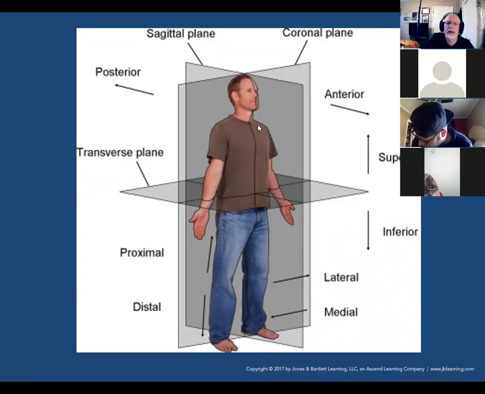Medial is toward the midline. We take that sagittal plane, and anything that's toward that midline would be medial. The opposite of that is lateral. So let's say Mr. Dude has some stab wounds, and we're going to use his right and left.